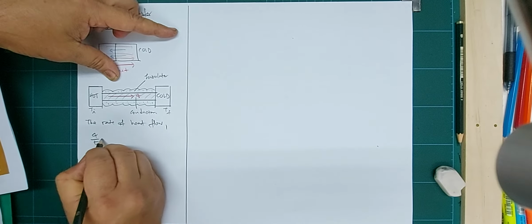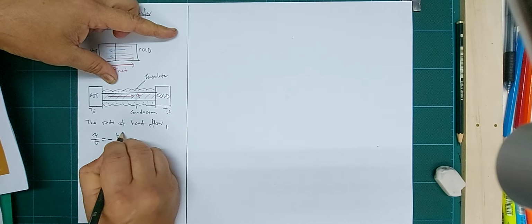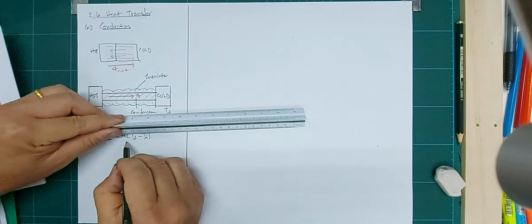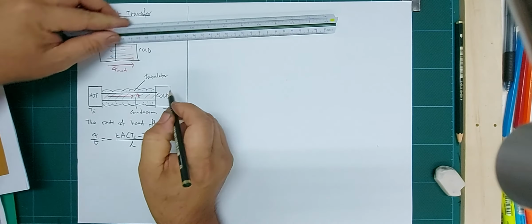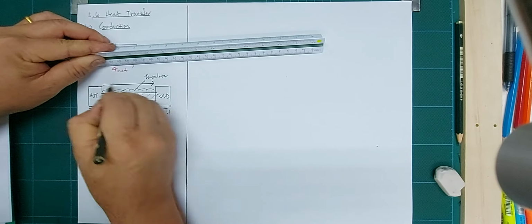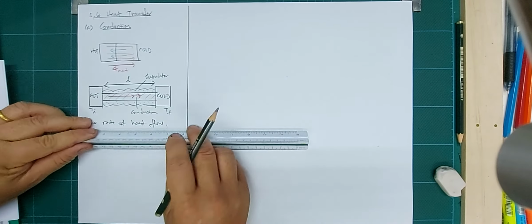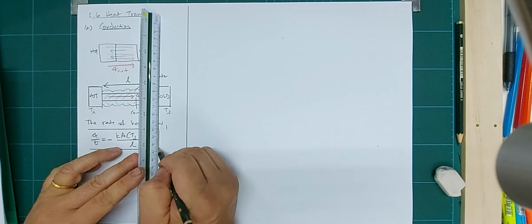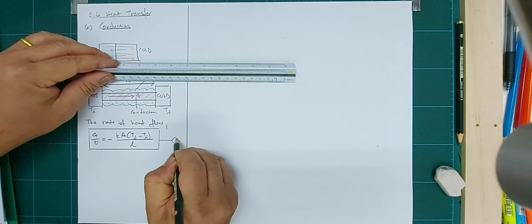The rate of heat flow is given by this formula: Q/t = -kA(Tf - Ti)/L, where L is the length of the rod, the distance between the hot end and the cold end. How long is the conductor? That is our formula to calculate the rate of heat flow, and this is equation number 1.